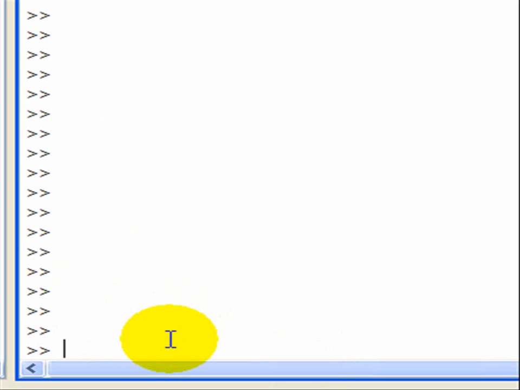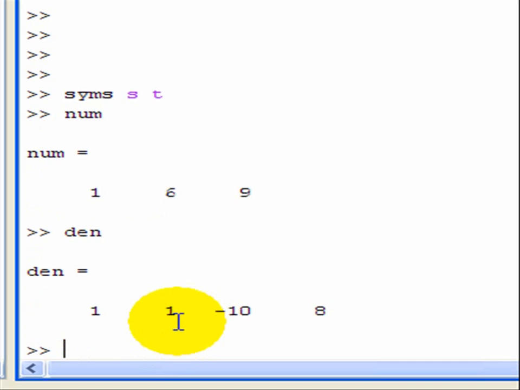Now one way to find the inverse Laplace transform is to use the Laplace transform function, but we need to convert the variables with the syms command, so we can convert this symbolically for s and t. And we use the Laplace domain, but let's recall what our numerator and our denominator are, and that's what we're going to use when we use the inverse Laplace. So Laplace.